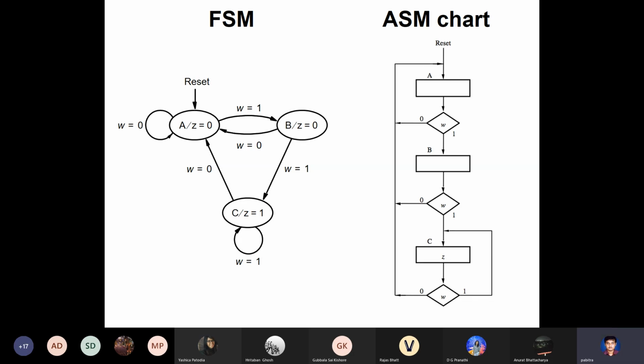So we now want to convert it to an ASM chart. As you can see, there are three states, so we will have three ASM blocks. Let me write down the ASM; there will be three ASM blocks.